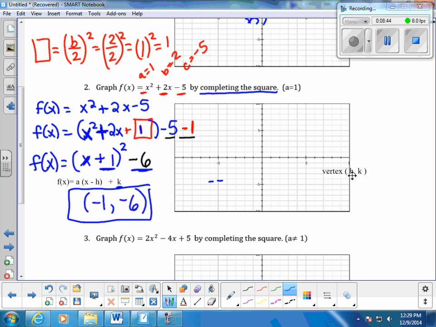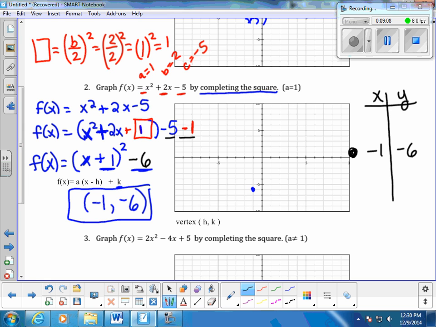So let me move this out of the way and let's go over and graph our vertex. Our vertex is (-1, -6): left 1, down 6. And now if I were to make my XY table, I have my vertex, (-1, -6).